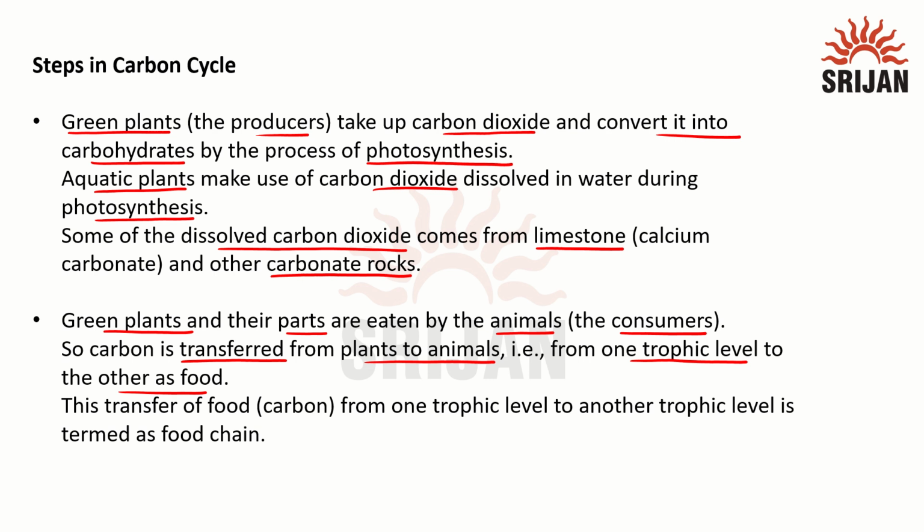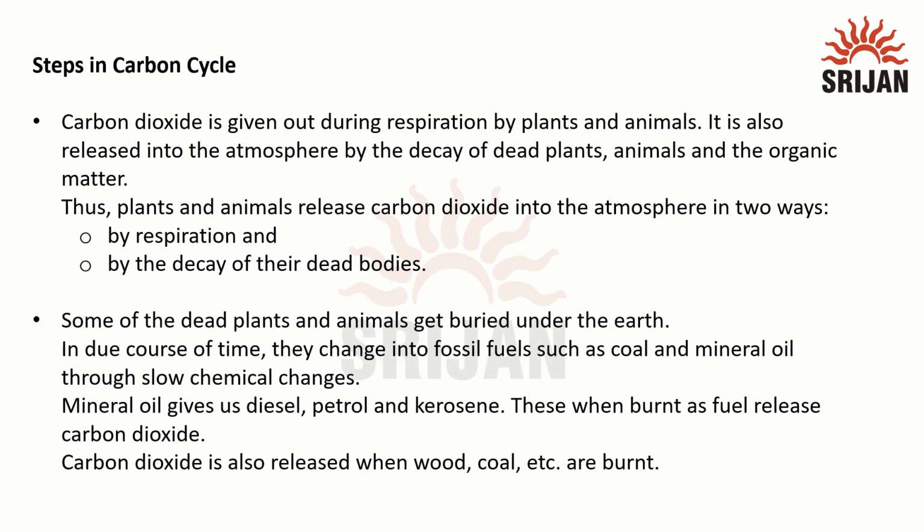And this transfer of food, that is the glucose or carbon, from one trophic level to another trophic level is termed as the food chain. Now the carbon dioxide is given back to the atmosphere by a process that is respiration, which is seen in both plants and animals. It is also released into the atmosphere by the decay of dead plants, animals and of organic matter.